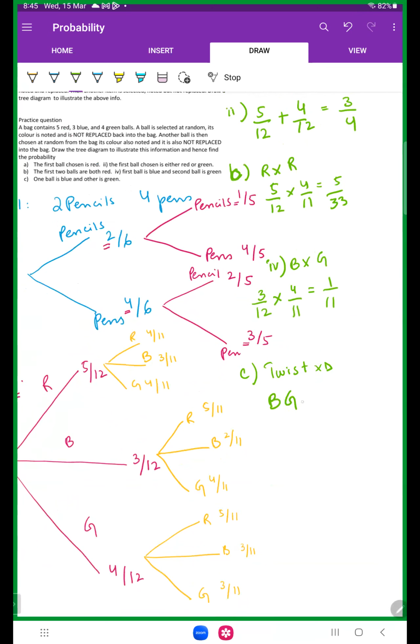Either it would be blue and green, or it would be green and blue. So what I'll do is 3 upon 12 multiplied by 4 upon 11 plus 4 upon 12 multiplied by 3 upon 11. Understood? And then I'll simplify it. So I'll get 1 over 11, which makes it 2 over 11. Any problem in this part?